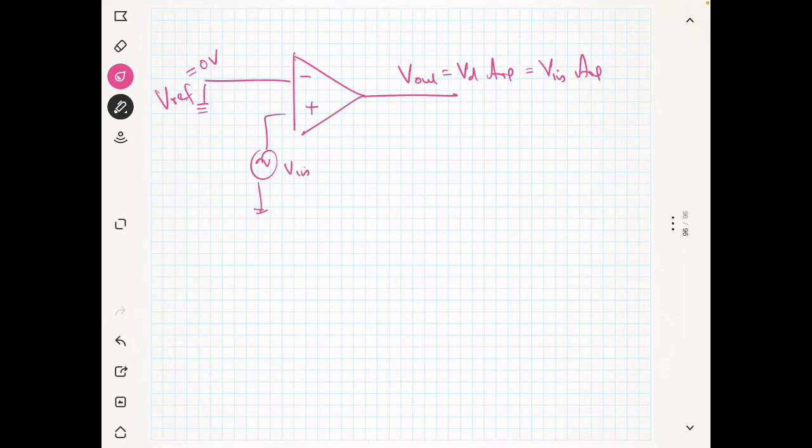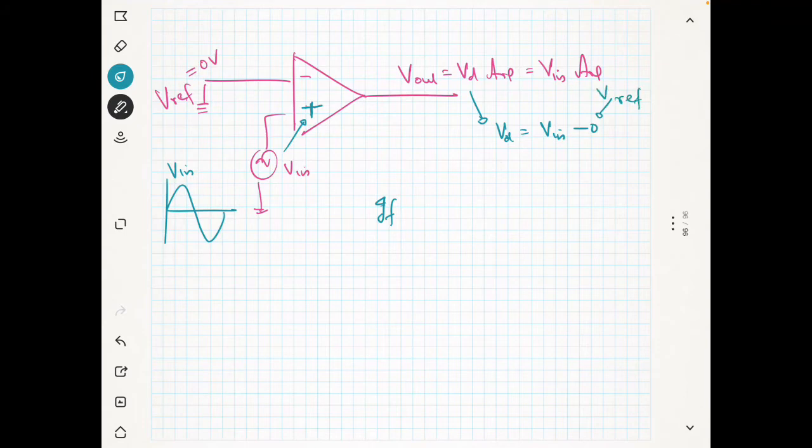You have applied your V in at the non-inverting terminal, so you are giving the input like this. What is my VD? VD is equal to V in minus 0, where 0 is my reference voltage, V reference.